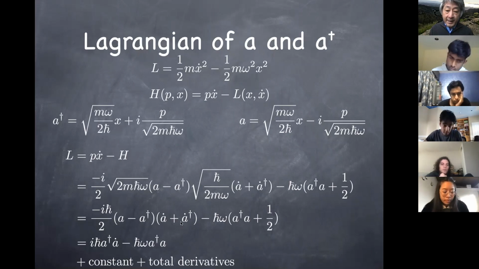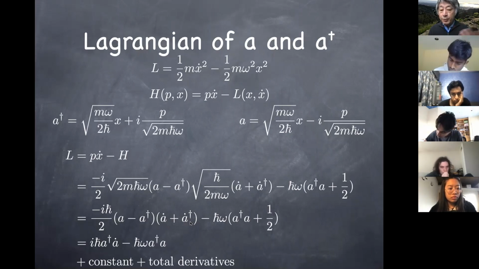A dagger times A dagger dot is also a total derivative of A dagger squared, so that's something I can drop. The piece I need to keep is A dagger times A dot. That's here, that's a half of it. Another piece I need to keep is A times A dagger dot.